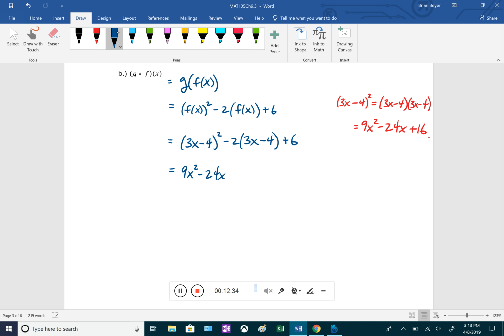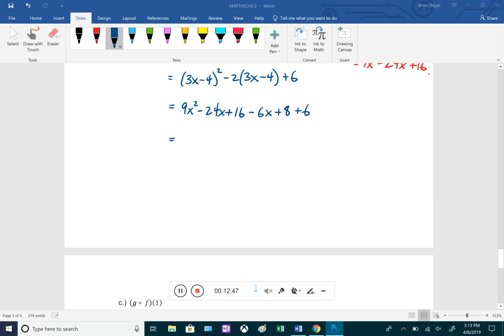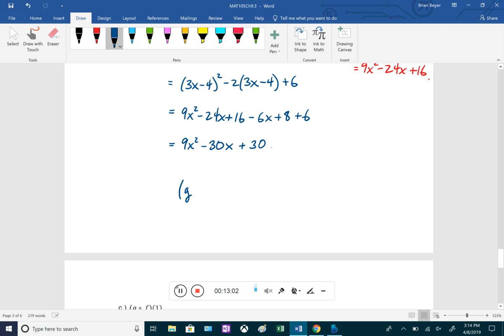And for the next term, we have to distribute the 2. So minus 6x plus 8 plus 6. And then we just have to combine like terms here. We get 9x squared minus 30x plus 30. And that is our g of f of x.